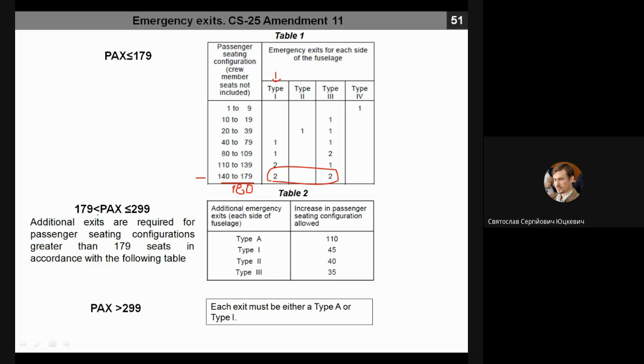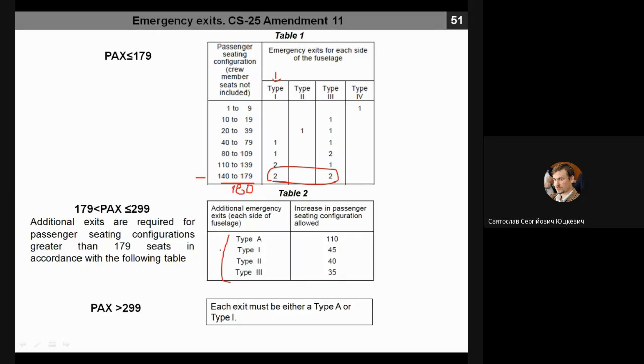So if you have more than 179 passengers on the board, but less than 299 passengers, so you will add additional doors, and it will be one from this type, or maybe for 299 it could be a combination of such doors.